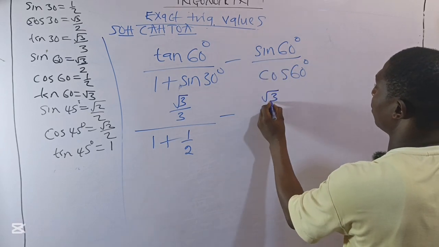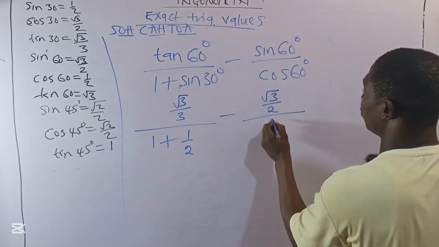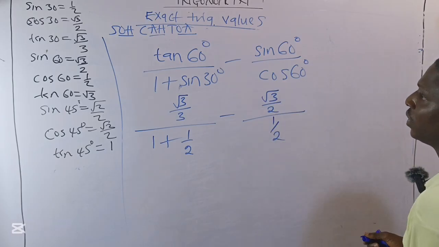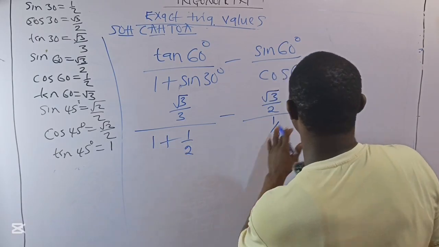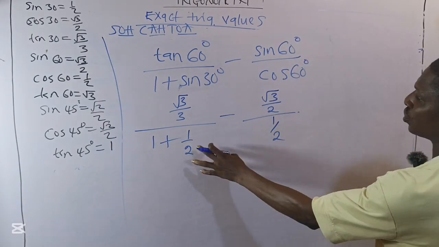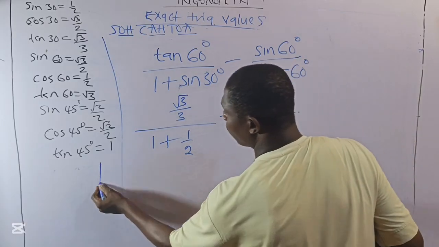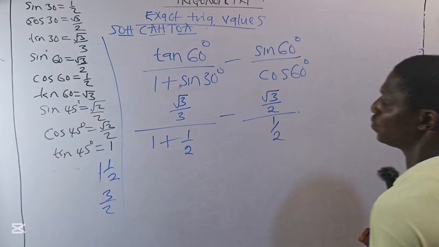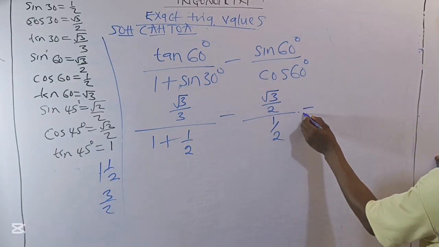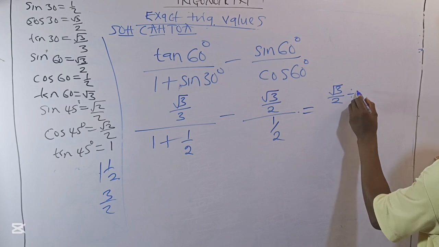Root 3 all over what? 2, all over cos 60, which is what? 1 over what? 2. Now let's resolve this to give me a single fraction. First, you know 1 plus half actually is 1 and half, and 1 and half is giving me what? 3 over what? 2.